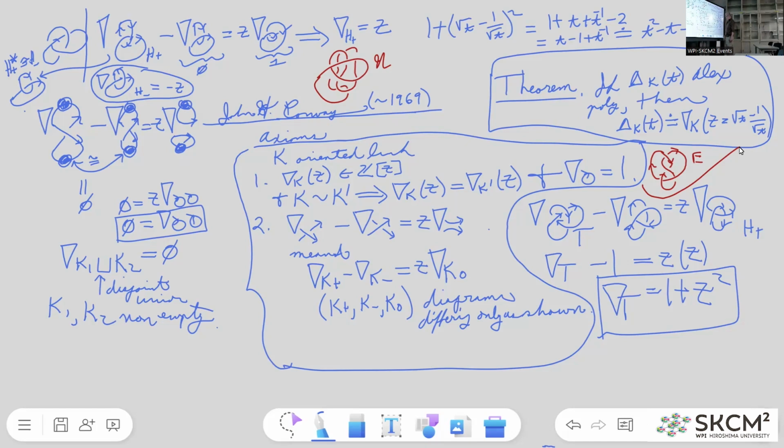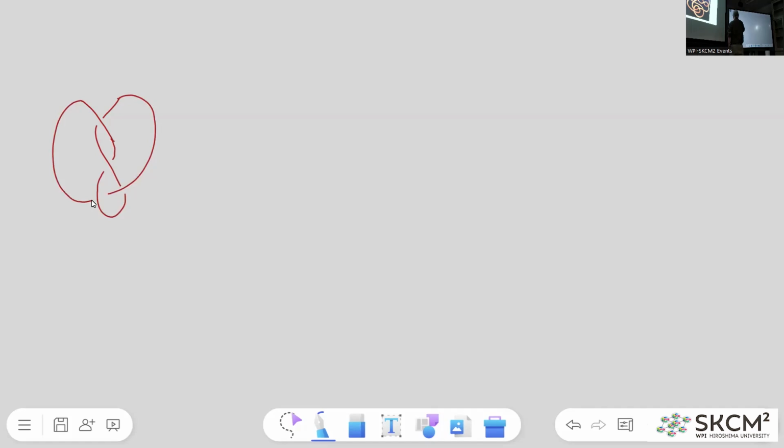Remember that Conway gives us 1 plus c squared for this one. And let's spend a moment. Oh, where's my plus? Oh, it's up here, sorry. Yeah. So let's do Conway for the figure 8 knot, just for reference and for practice. So we saw this before.